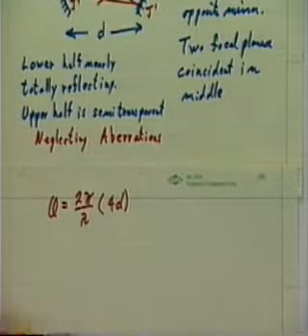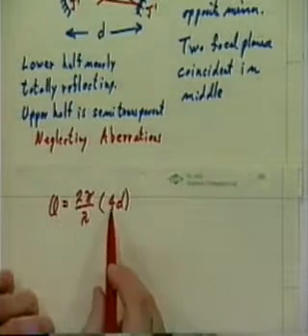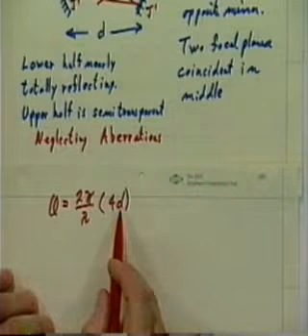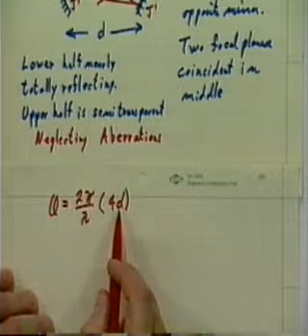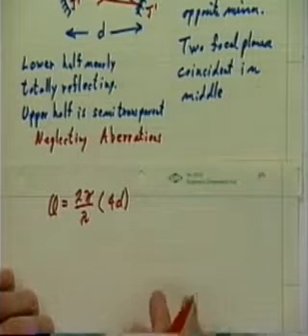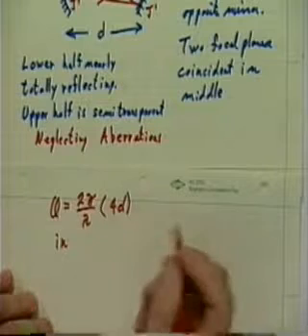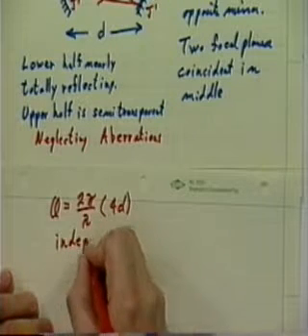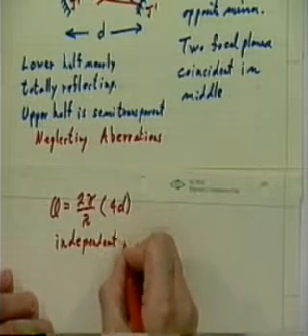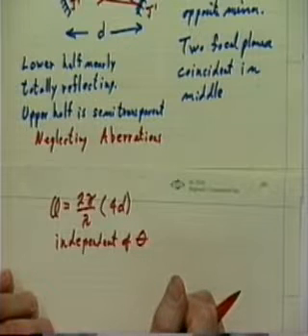One of the first things we notice is we get a 4D here instead of a 2D. That's kind of interesting. Where's my cosine theta? Yeah. So this is forgetting about aberrations. This is independent of theta.